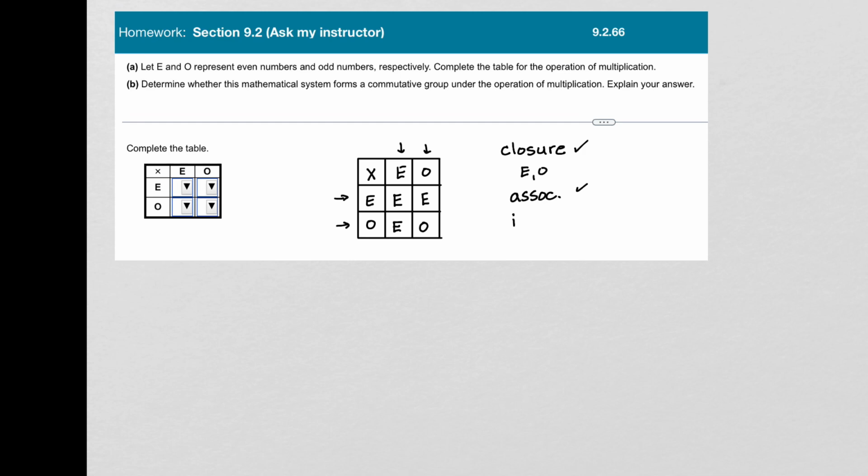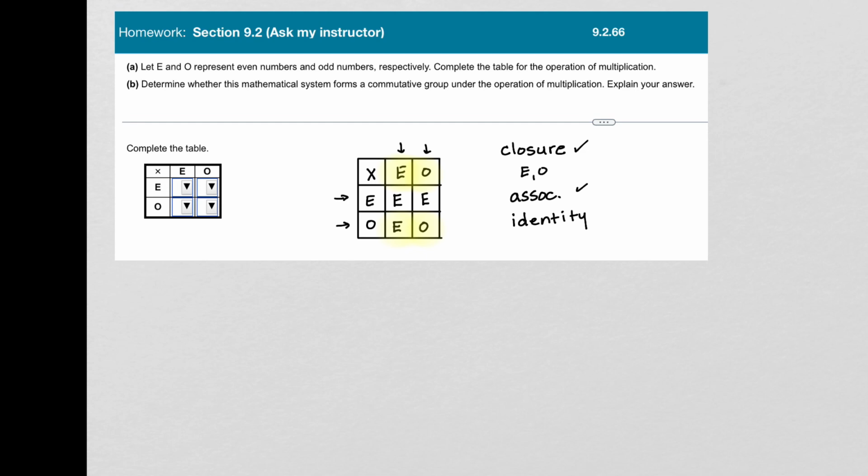Next, we look for an identity element. So that would be an element that if you multiply it by anything else gives you that same result. So since my top row is E and O, I'm looking for another E and O that match that, and that would be in the second row here.